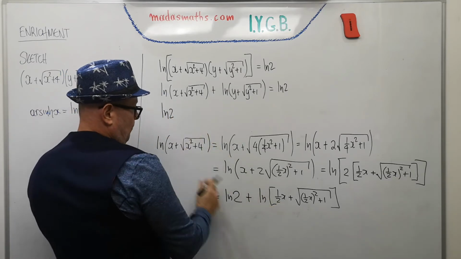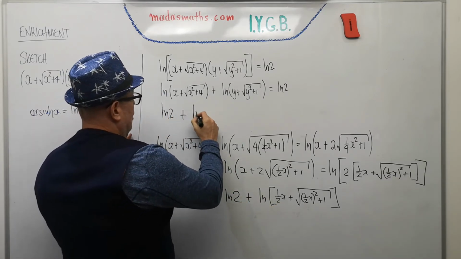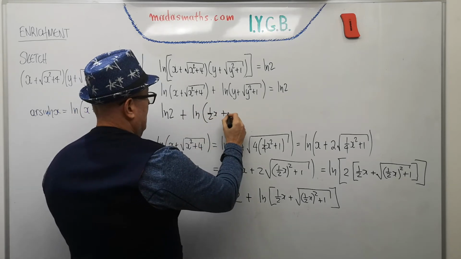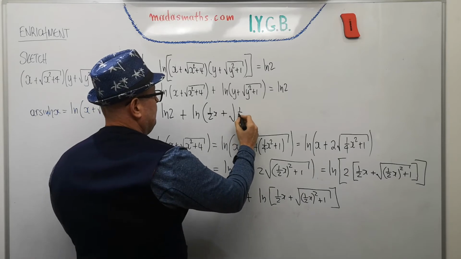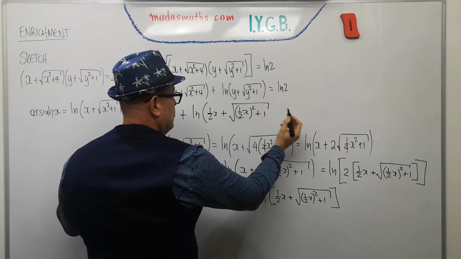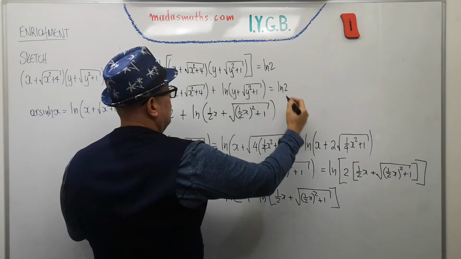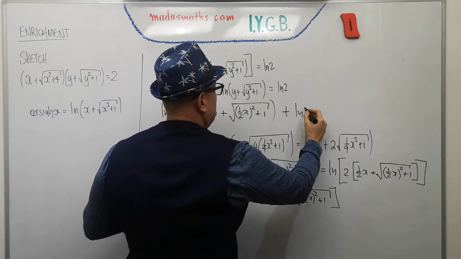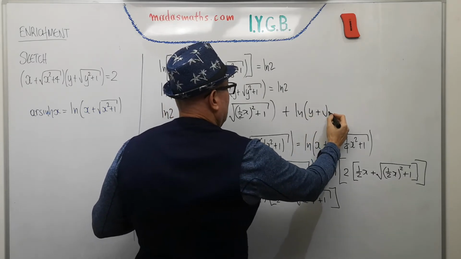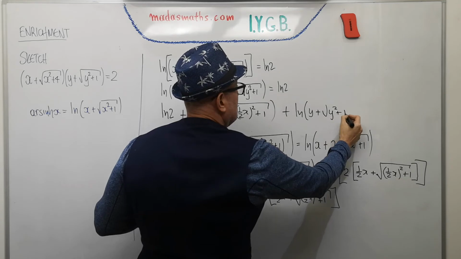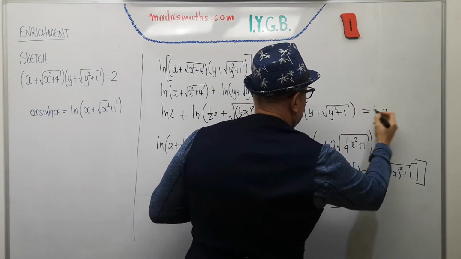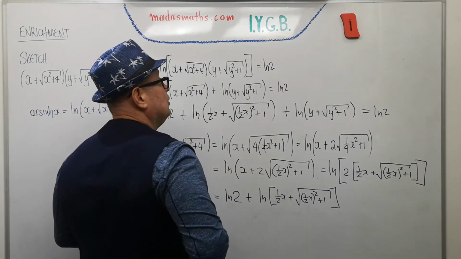So that's the log of 2 there, plus log of half x plus square root of half x all squared plus 1, close surd, close log, and of course the rest. And I think now that can't be coincidental. It's too perfect to be just an accident. I think this should now be the end of the road for this particular question.